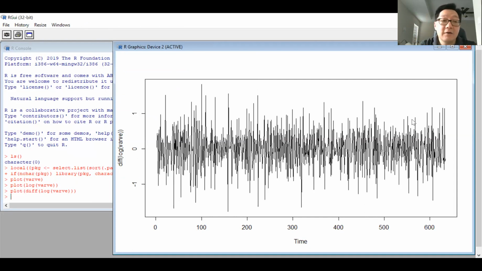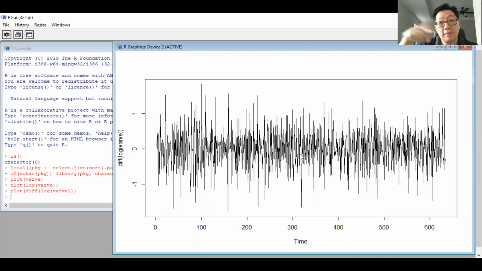yet. But now we take the log transformation for the constant band, the constant standard deviation, and also it is not up and down, and we simply take the difference with the neighbors, today and yesterday, and today and tomorrow.